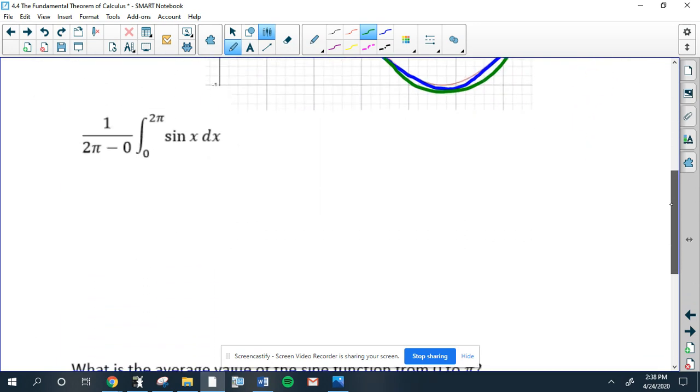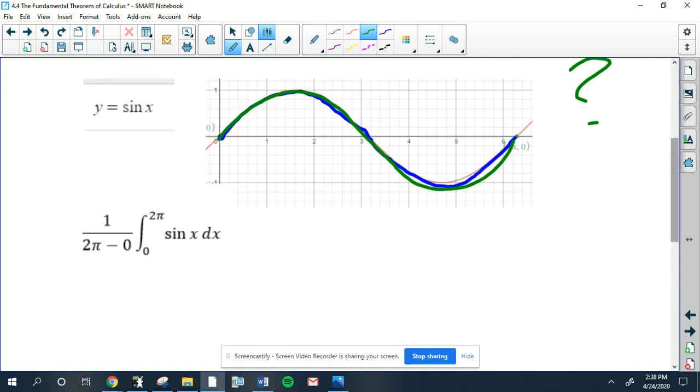Let's do it. So the calculus would say, if you want the average value of this sine function from 0 to 2 pi, a would be 0, b would be 2 pi. You do 1 over b minus a times the integral from a to b of sine of x. So 2 pi minus 0 is 2 pi.